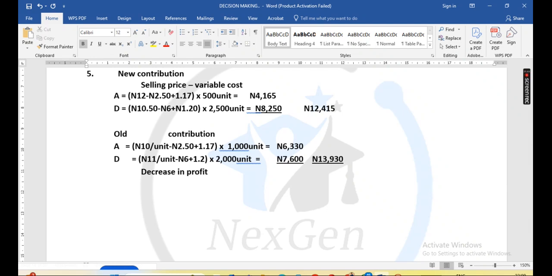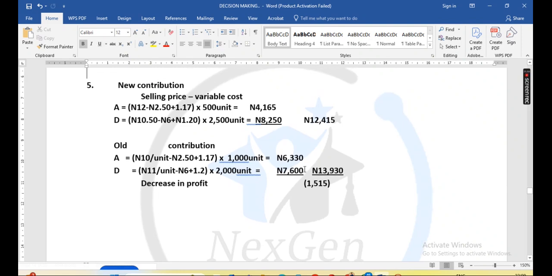Okay, that is the decrease. So there is a decrease in the profit. The profit has decreased as a result of increasing the selling price as well as this. So these are the impacts they want to know, right?